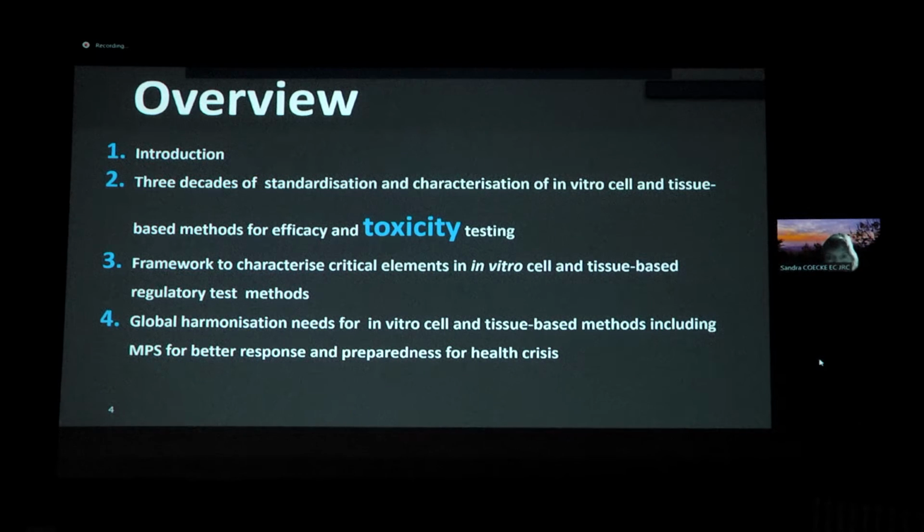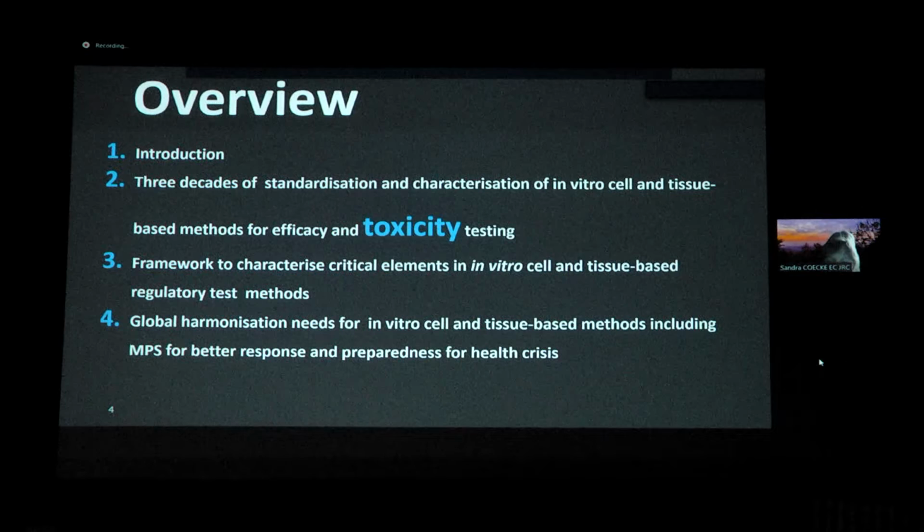Because what we have learned is that with new methods, people need to trust them. So you need to have high scientific quality methods to be able to introduce new methods also for regulatory decision making.